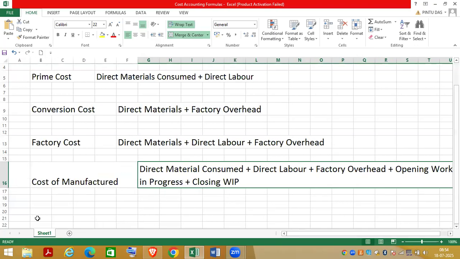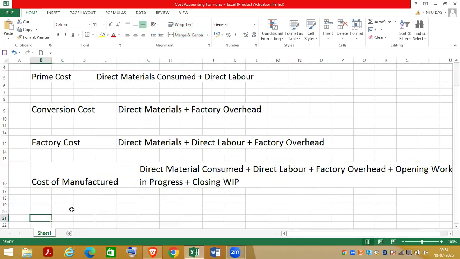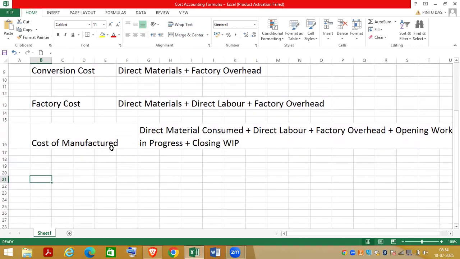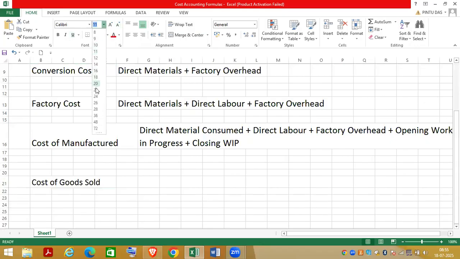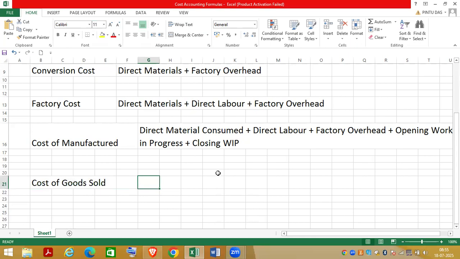Now the last one is cost of goods sold. This is very important for the sales and distribution consultant. These are required for product costing as well as for profitability analysis, COPA. So what is cost of goods sold? Cost of goods sold is again the combination of whatever we have discussed.